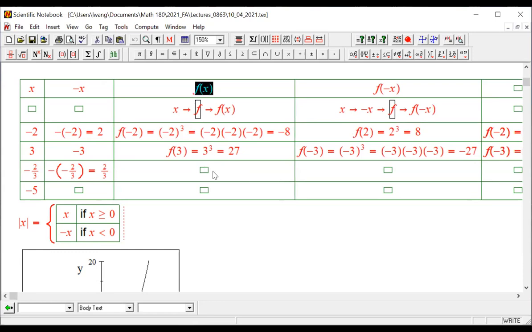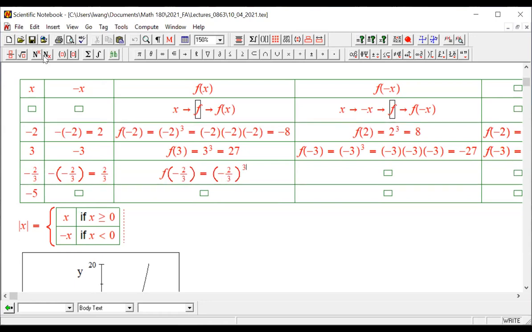Okay. So f of 2/3, I'm sorry, f of negative 2/3, right? It's going to be negative 2/3 to the power of 3.